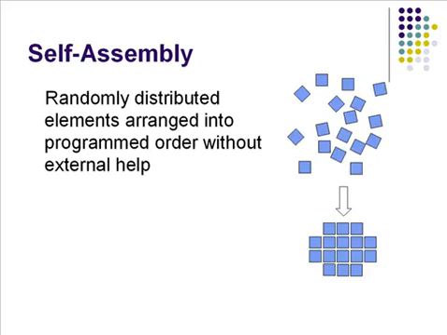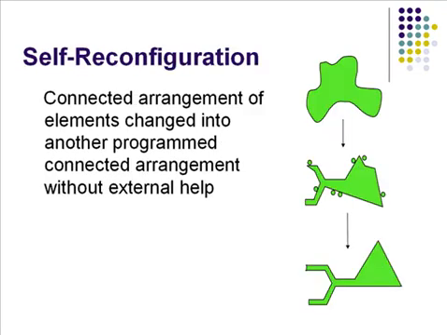Self-reconfiguration is a process in which a connected arrangement of elements changes into another programmed connected arrangement without external help. This is pretty much like cells which form a shape.